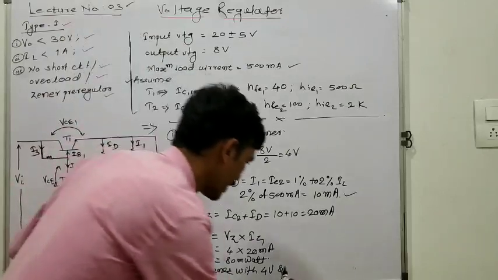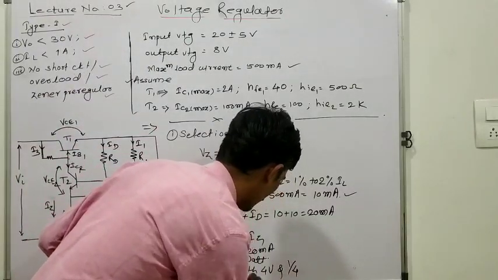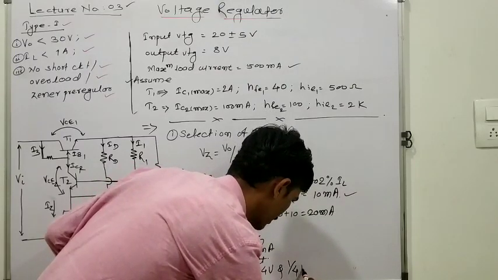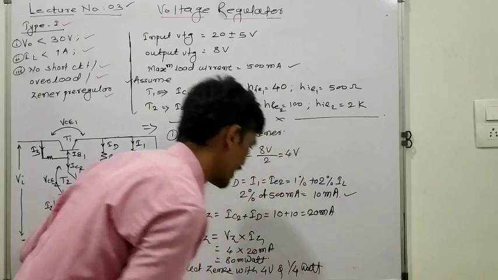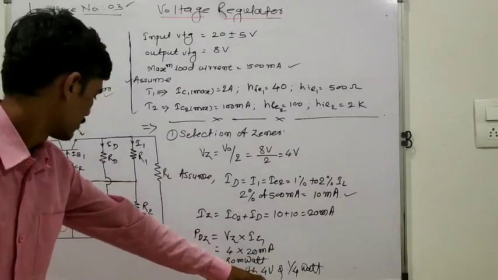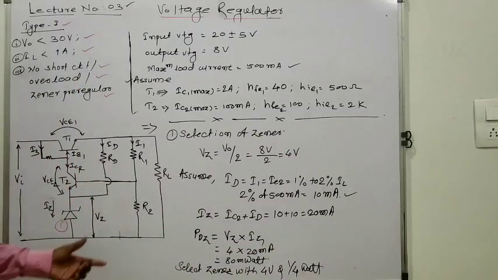So we have to select near about double the power rating. So for 80, we select 1/4 watt, that is 250 milliwatt. So we are selecting a Zener diode with 4 volt and 250 milliwatt as the power rating. So this is about the selection of Zener.